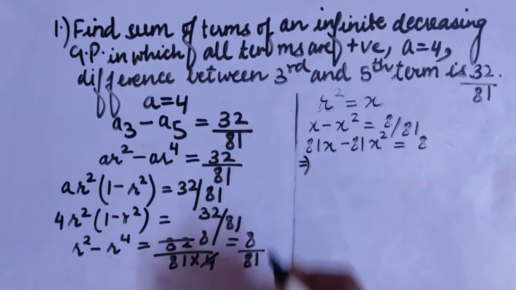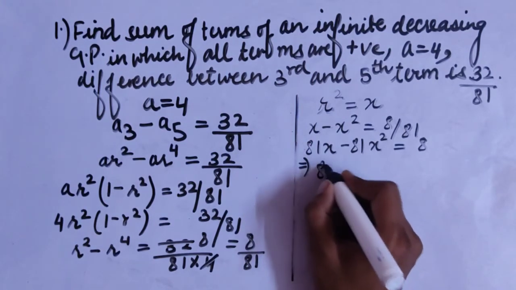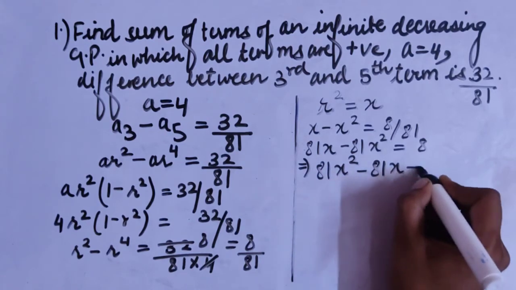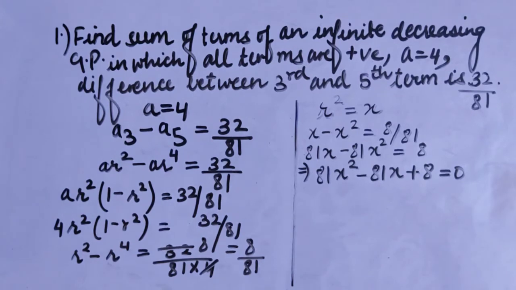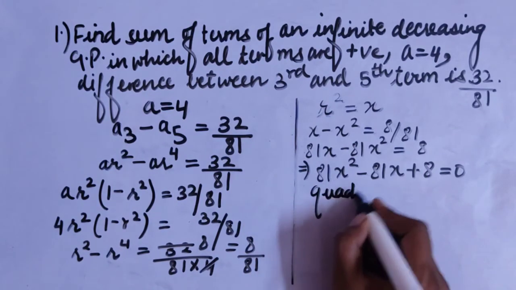And from here, we can also say 81x square minus 81x plus 8 equal to 0. So we have got this quadratic equation. Now students, how will we solve this quadratic equation? If we use the middle term splitting directly, it is difficult. So we are using the quadratic formula here.